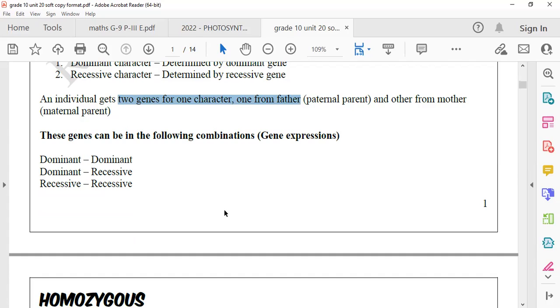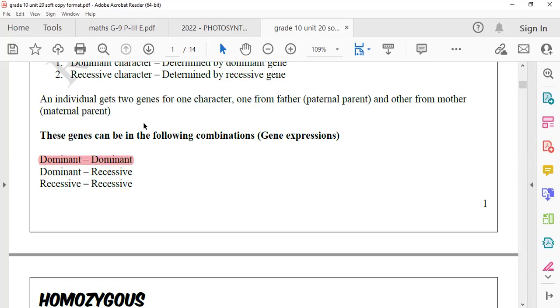Normally, if you take me, father and mother both will be right-handed. Yes or no? Yes, sir. So father gave the right hand gene, mother also gave the right hand gene. Both the genes are dominant, correct? Yes, sir. So one possible combination is what?